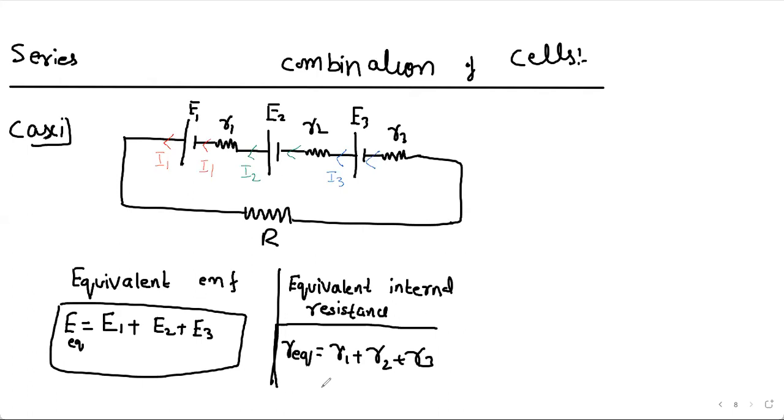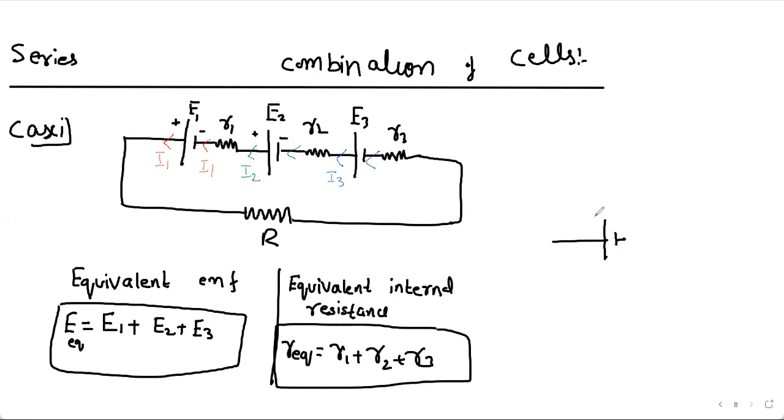Now what we can do is replace all these cells with a single cell of EMF E equivalent, and all these internal resistances with a single internal resistance. So I take a cell. See, the polarity of the cell is important. For all the cells, the positive terminal is to the left and the negative terminal is to the right.